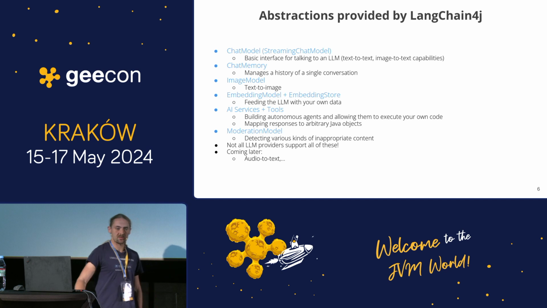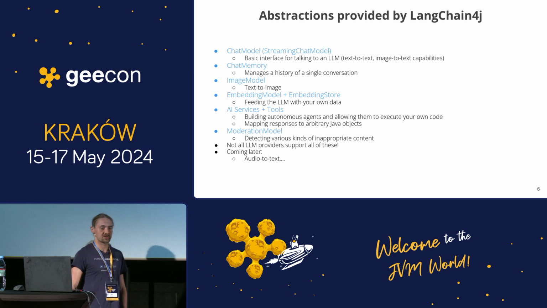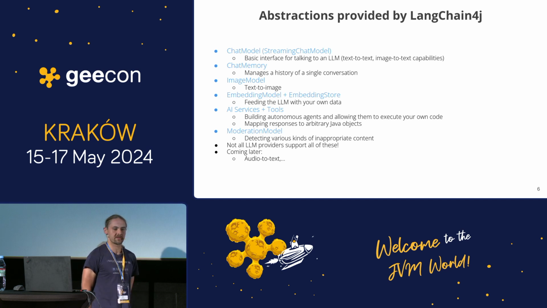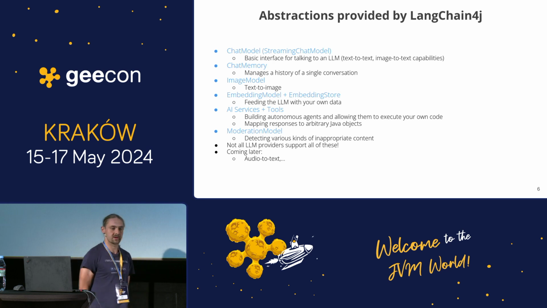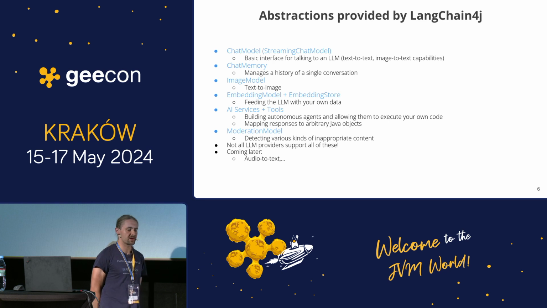So the abstractions provided by Langchain4j. As I said already, chat model, that's what you use to communicate with something that allows you to chat. So that's GPT, Llama 3, and all these things. We provide an abstraction for chat memory.